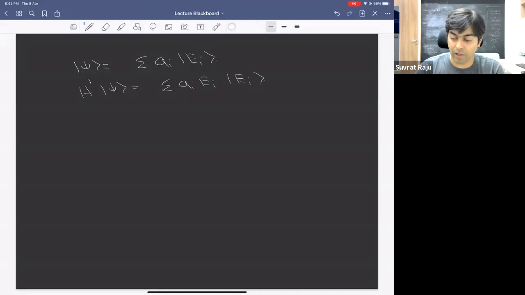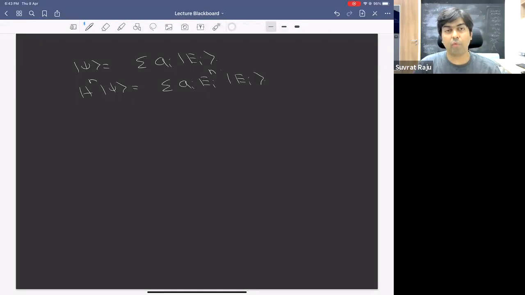And similarly, if you take H to the n, that gives you E_i to the n. You might want to normalize these states. So it's perfectly reasonable to normalize these states by dividing out by an overall factor of the expectation of the energy. But we're not interested so much in the normalization right now. I just want to point out that all of these states are linearly independent states. So they are distinct states.